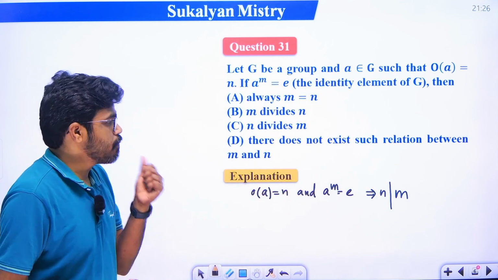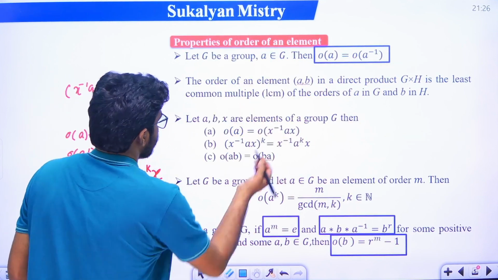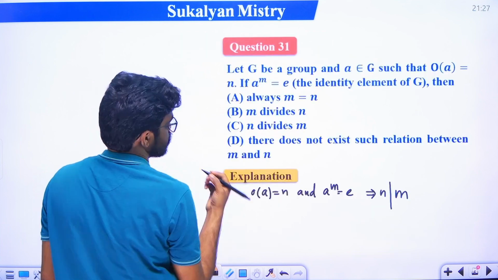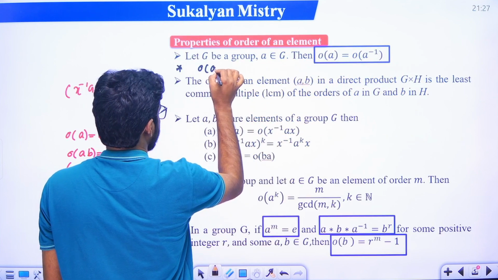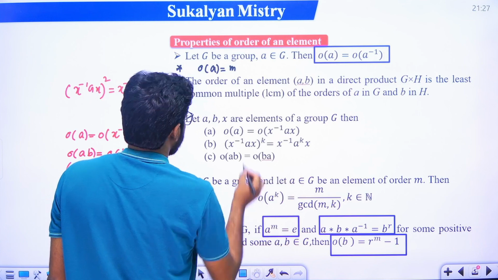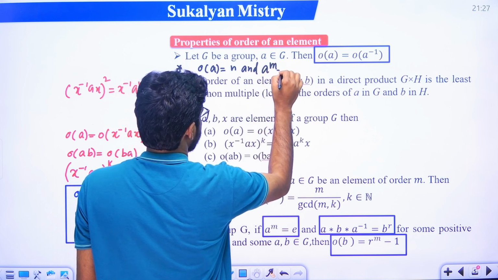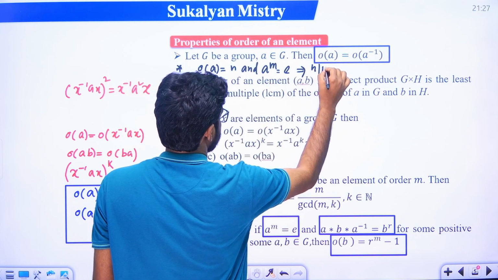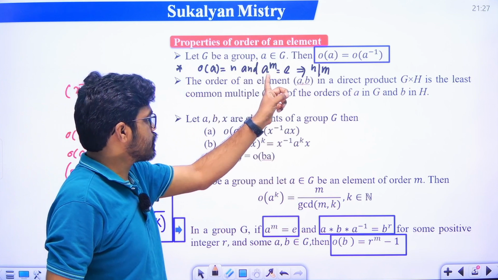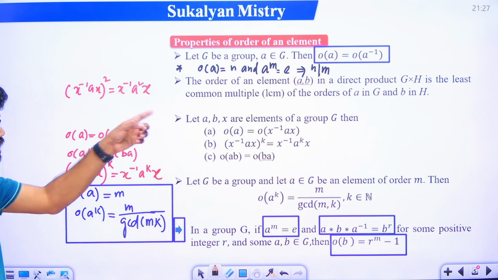Note this point, you can write it down as a property. Let G be a group and A belongs to G. Suppose order of A is equal to N, and A to the power M is equal to E, so this implies N divides M. So this is a theorem.